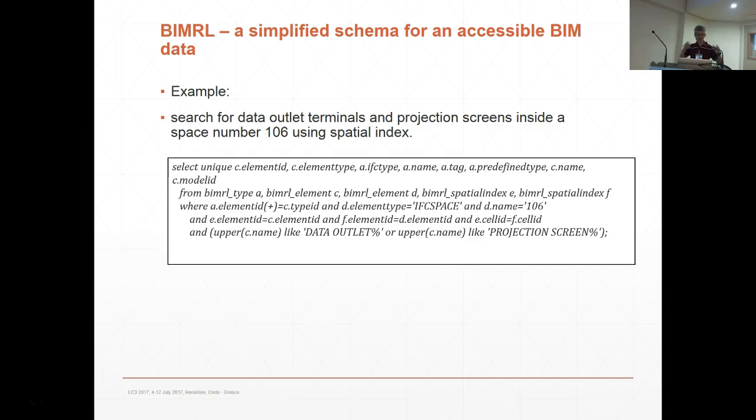The space comes from the architecture model, and the outlet terminals from something else. And even within the same model, sometimes things like outlets are not completely inside the space because part of it is inside the wall. So you need a special index to do that.